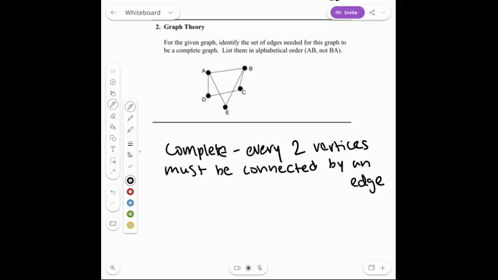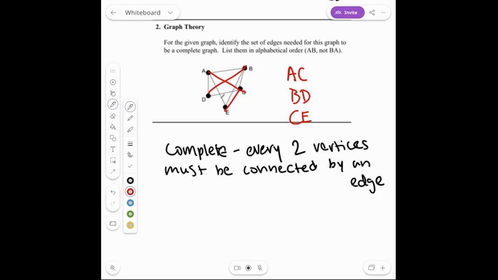So we just need to see which edges are missing. We can draw them in as follows. A, D, B. So A is not connected with C, so we need AC. And then B, we have BA, BC, but we don't have BD. We also have CA, CB, CD, CE.